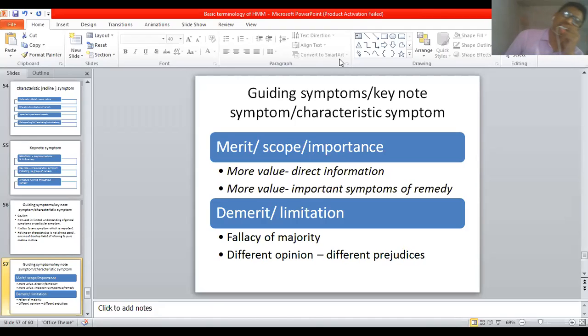Somebody will say that no, weeping is very rarely seen in a male patient, and if you go by this weeping characteristic of pulsatilla, and we know usually Indian males or any males do not usually weep. They feel inferior to express their emotions through weeping.